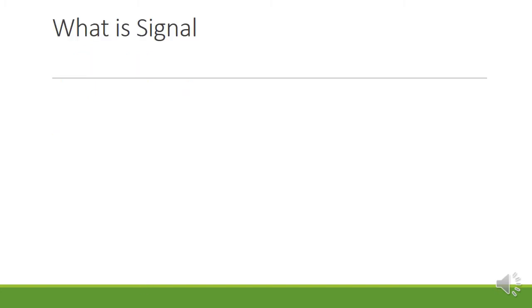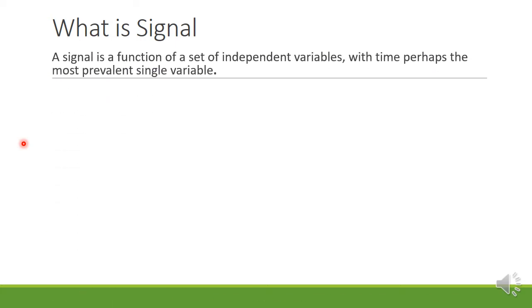Before studying the classification of signals in detail, first let us study what we mean by a signal. You already studied in the last class what a signal is, but here I am explaining it once again. A signal is a function of a set of independent variables, with time perhaps the most prevalent single variable. Signal can be defined in many ways.